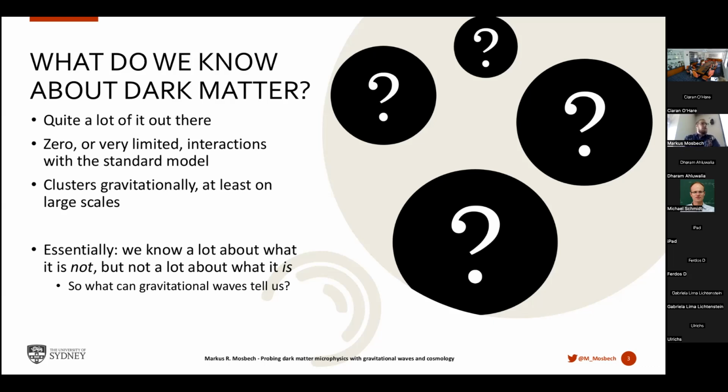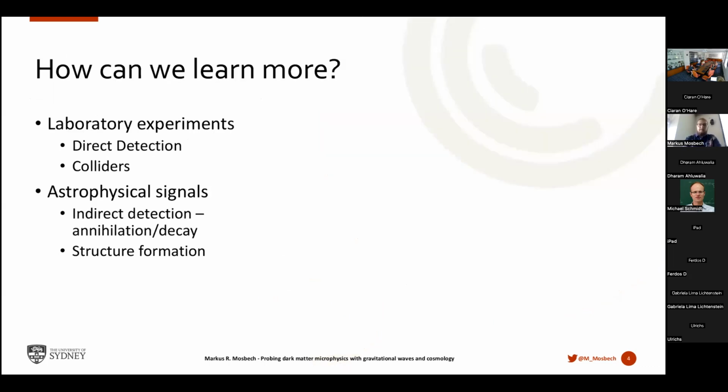So what can we learn from gravitational waves? There are a few ways we can learn more about dark matter, most of which I won't cover very well. There are laboratory experiments, such as direct detection experiments, where you put up a big tank or target of some sort, have some very sensitive detectors, and you hope a dark matter particle comes in, hits the target, the detector goes bing, and you've seen dark matter.